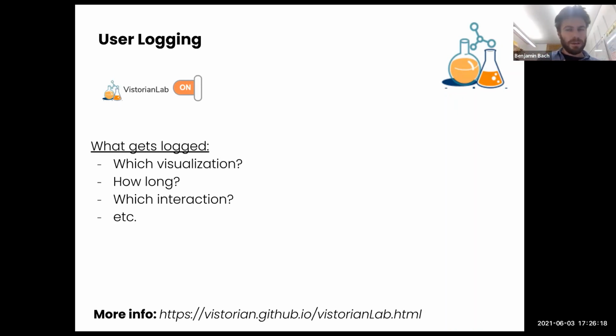So this is all tracked anonymously when you enable this in the Vistorian, and there's also a consent sheet. We have ethics for this because we're interested in analyzing these user logs and understanding where people have problems with the Vistorian. Do they use two views at the same time?